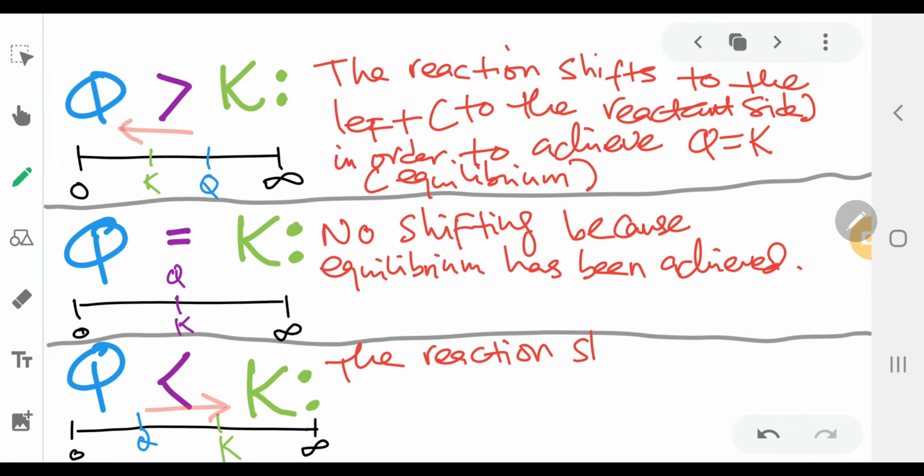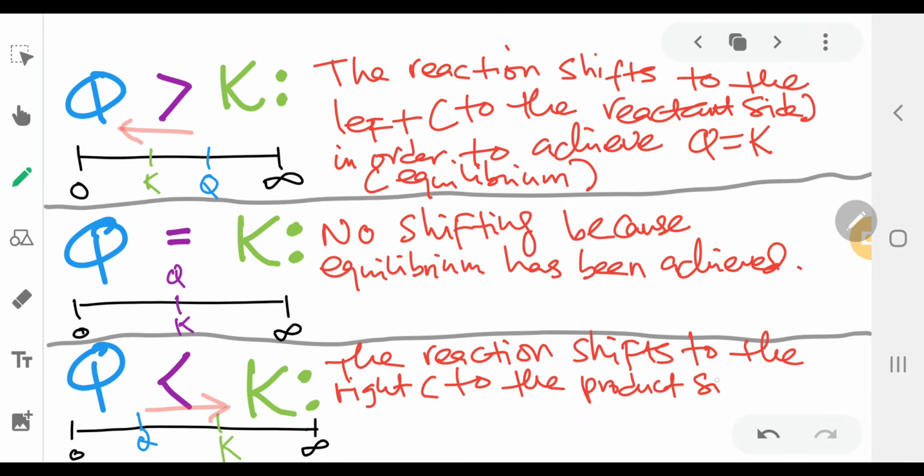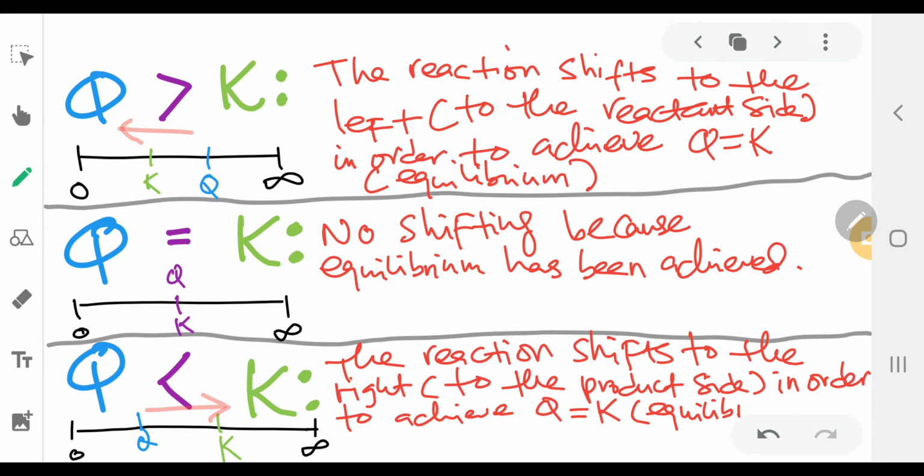Therefore, the reaction shifts to the right, to the product side, in order to achieve Q equals K, in brackets, equilibrium.